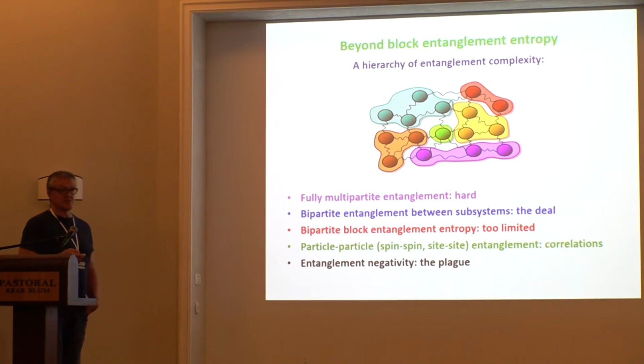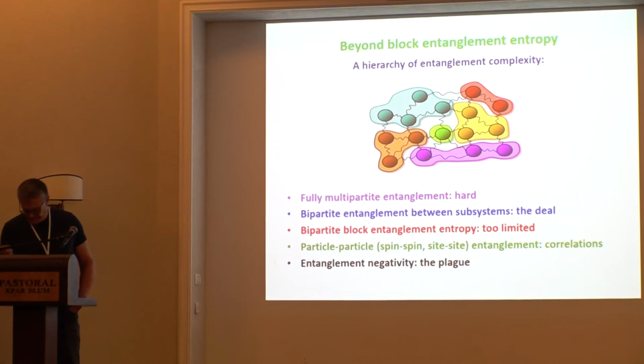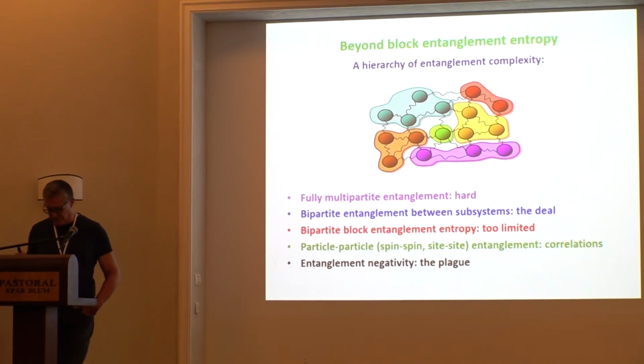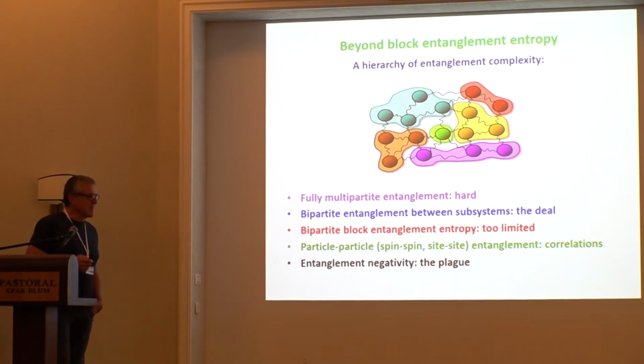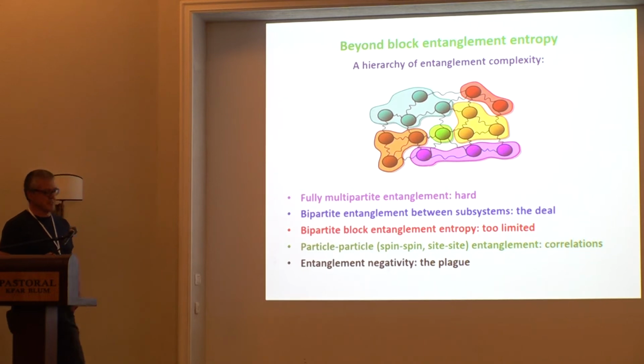I would like to mention in that respect also the Firewall Paradox, the breaking of monogamy of entanglement, and many interesting features that tell us clearly that block entropy, von Neumann entropy, is not the end of the story, it's the beginning of the story, actually. There is much more uncharted territory left to explore, and we are just beginning to explore this territory. And Professor Silva's talk was a nice example of that.